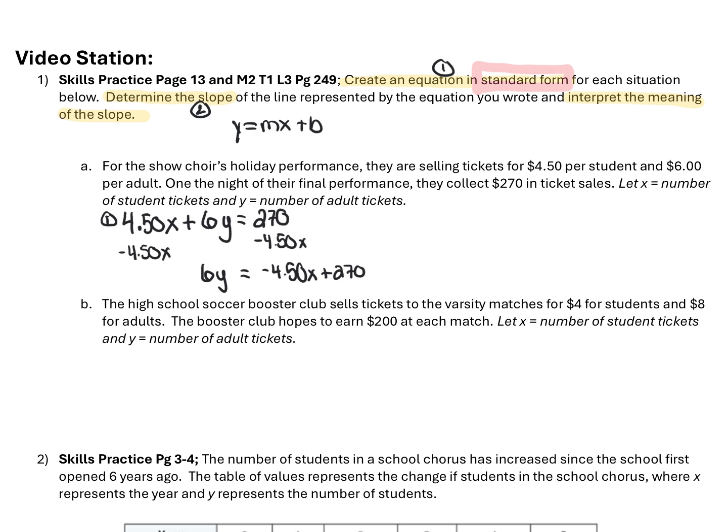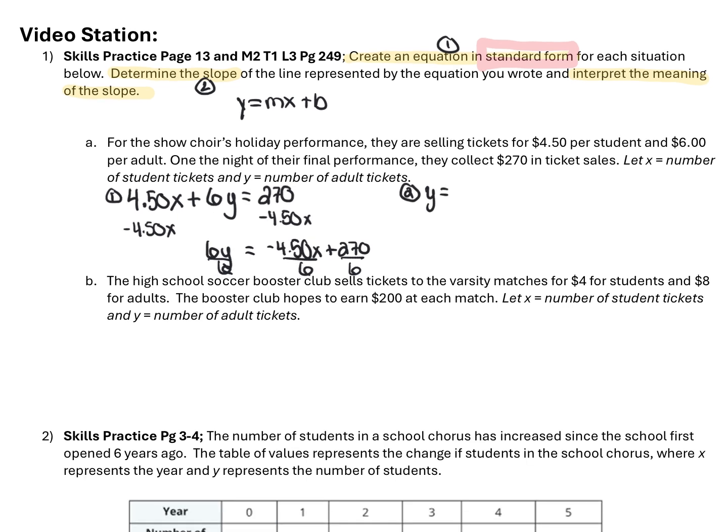And in slope-intercept form, you get the y all by itself. So now I need to divide each piece by 6. And so when I do that, I get y equals, and I used a calculator, and I typed negative 4.5 divided by 6, and it reduced it for me, negative 3 over 4x plus 45.